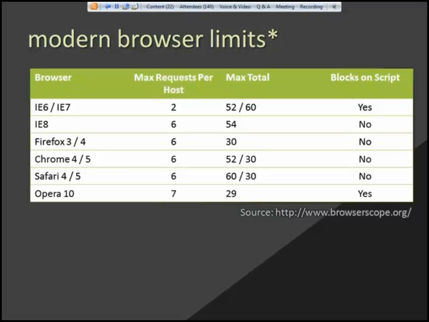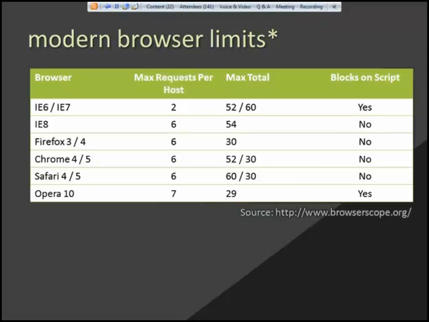So if you're going to www.mvcconf.com, then you could make up to 6 parallel requests to mvcconf.com and up to 54 total for IE 8 in this case, or 30 total for Firefox 3 and 4 across all tabs. So across the browser, that's your upper limit.